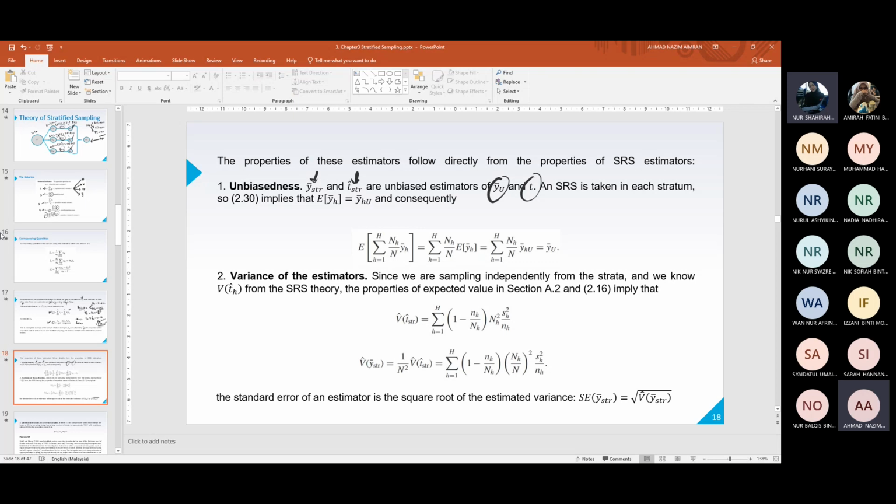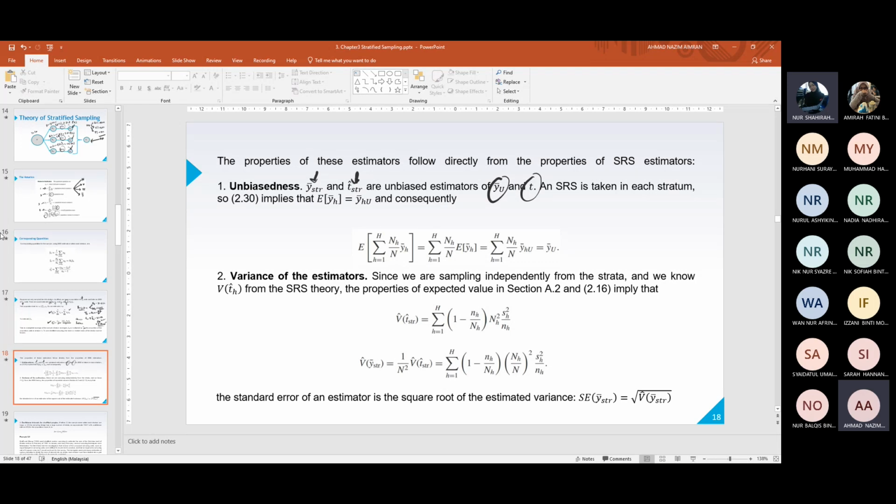The mean salary by using the stratified sampling technique is, to be exact, the estimated mean salary, and you can also calculate the estimated population total by using the stratified sampling technique.